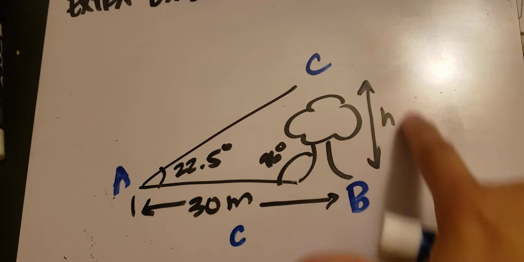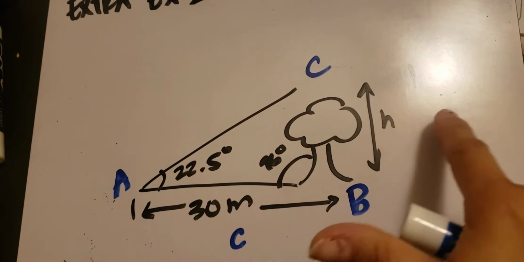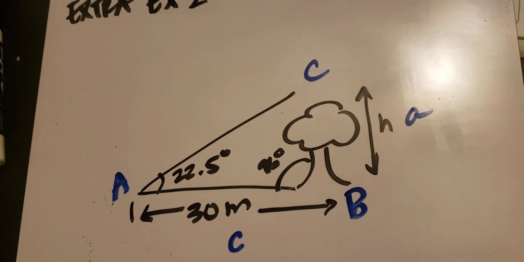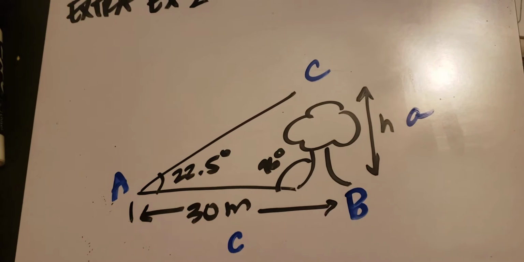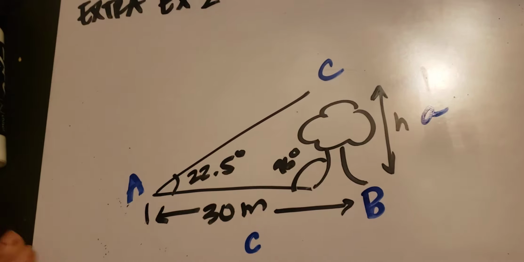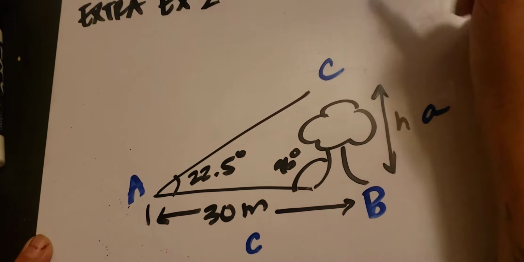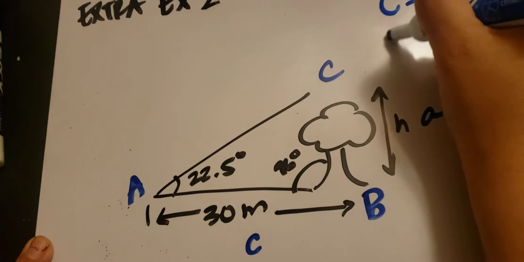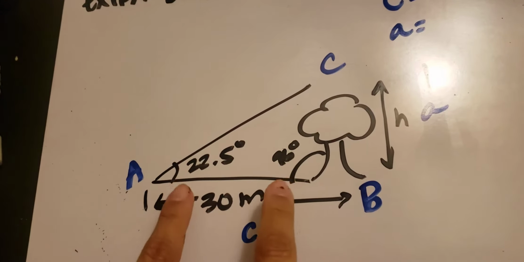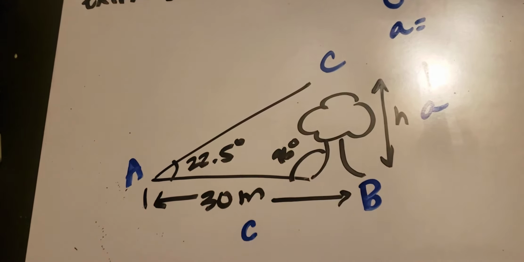And the other side that we need is the height, and that is across or opposite of angle A, so that's angle A. So therefore, we don't really need angle B, okay? So we're given an angle, a side, and an angle. So we definitely want to come up with angle C and side A. Those are the ones we want to come up with, okay?